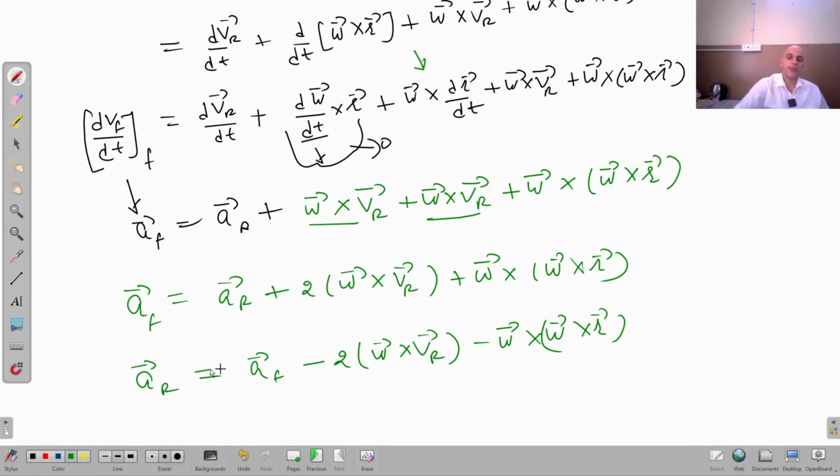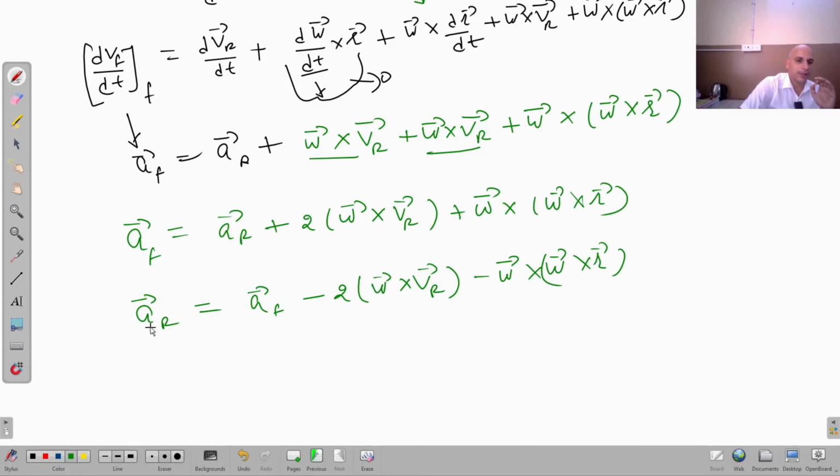Now this is the expression for acceleration in the rotating frame, written in terms of the acceleration in the fixed frame and other terms.